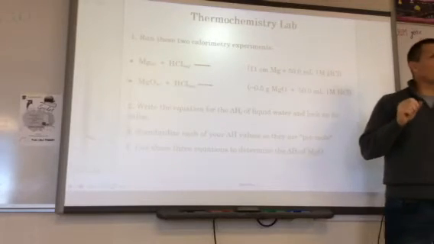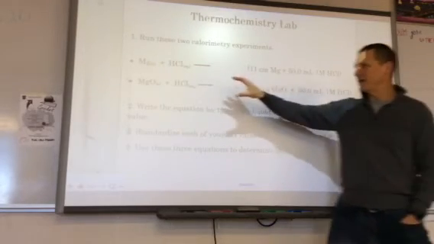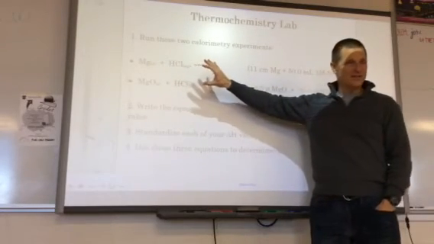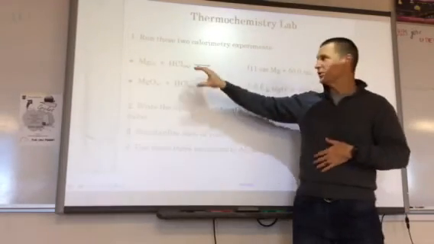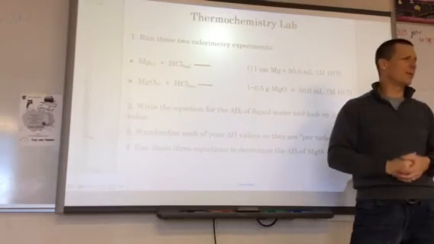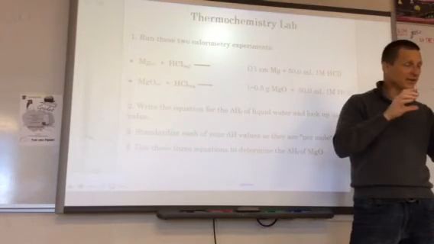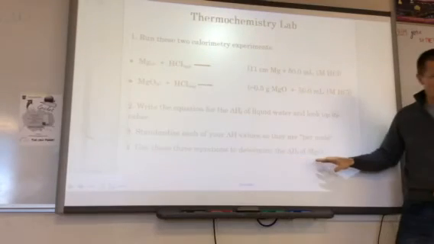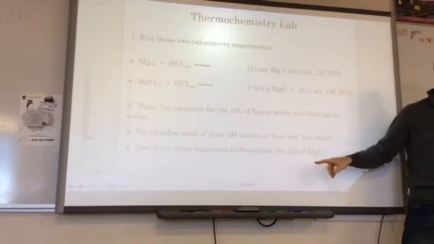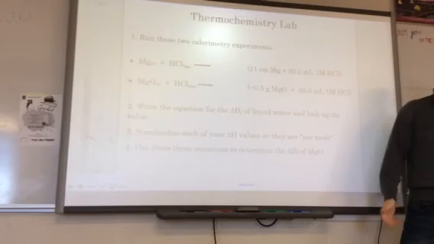So you should be able to write a chemical equation that describes the heat of formation of MgO, and then manipulate your equations in the lab that you use. You're going to measure the delta H, so you should be able to come up with a Hess's law situation where you have equations with their delta H's, and you have a target equation, the heat of formation of MgO, and you'll try to find it. That's going to be a lab write-up.